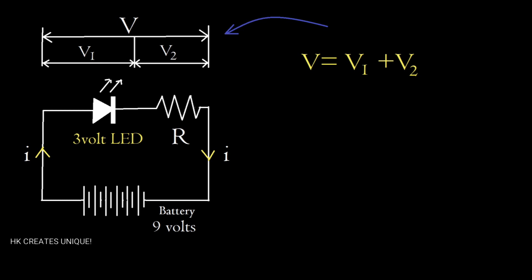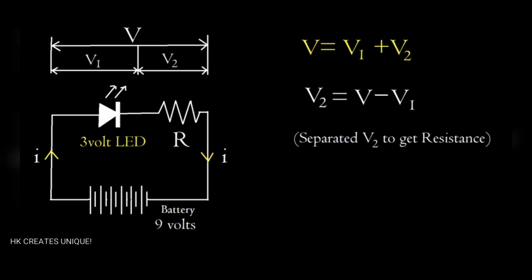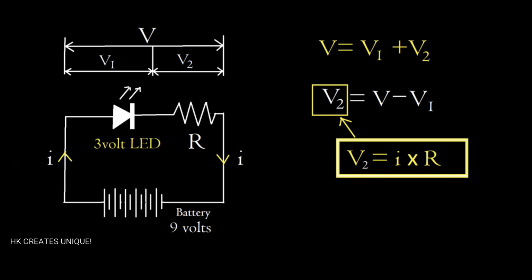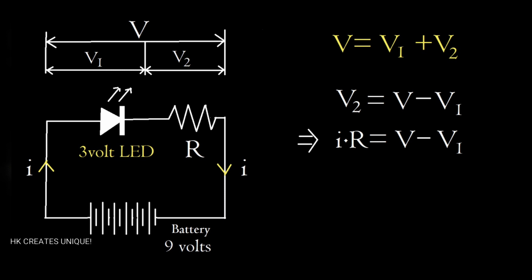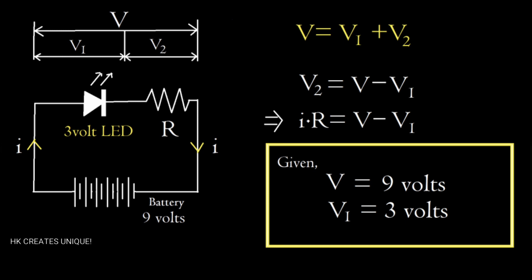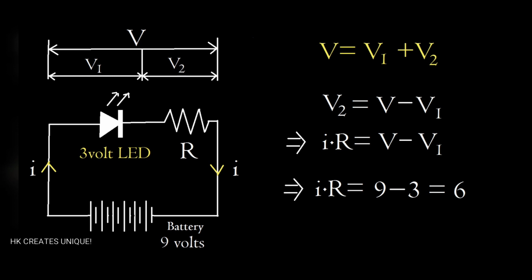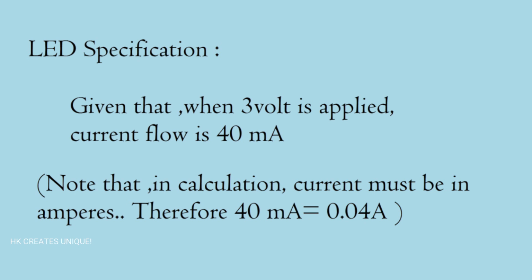Rearranging the equation, V2 is equal to V minus V1. Now let us apply Ohm's law in the resistor. V2 is equal to current in the circuit times resistance of the resistor. Therefore, I times R is equal to V minus V1. Put the value of V and V1. Therefore, I times R is equal to 9 minus 3, which is equal to 6.